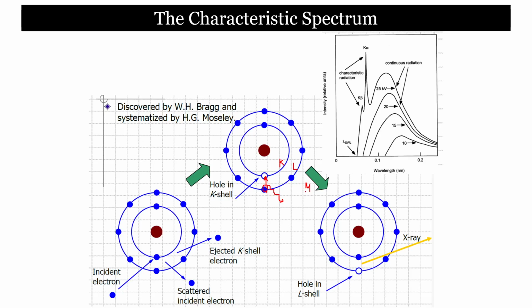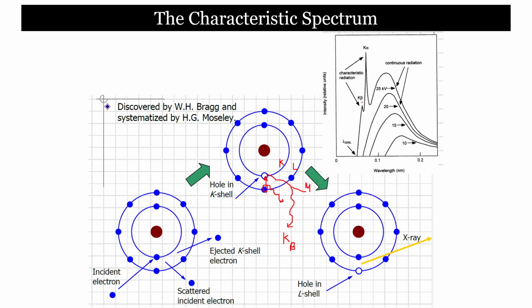If the electron from the M shell jumped to this K shell to fill that vacancy, then this would be K beta. Like in this graph which we are seeing from the first slide itself, you can have K alpha as well as K beta.